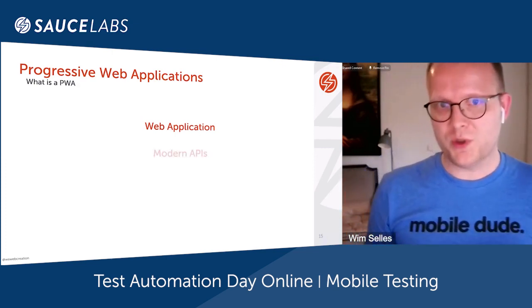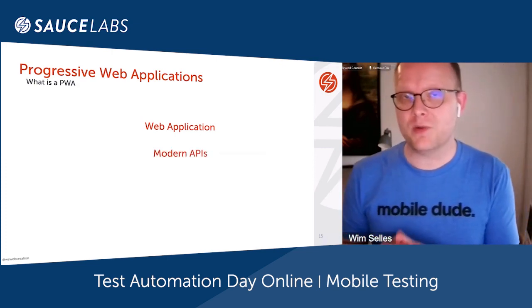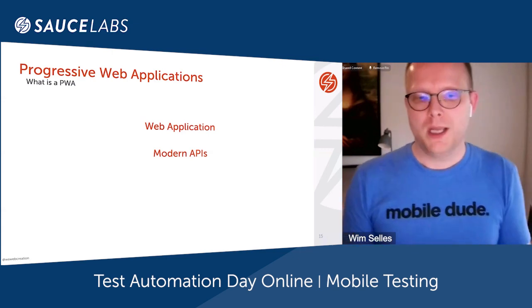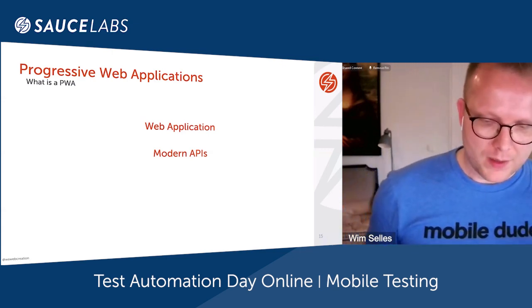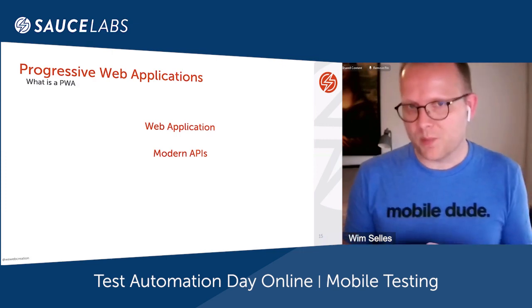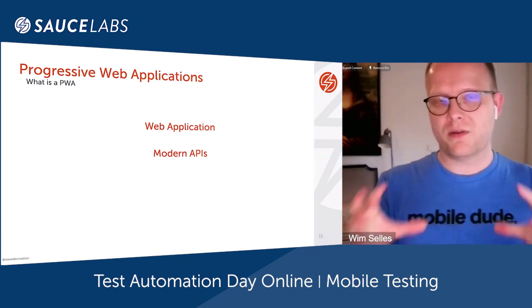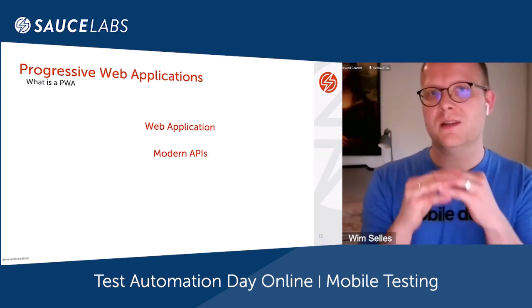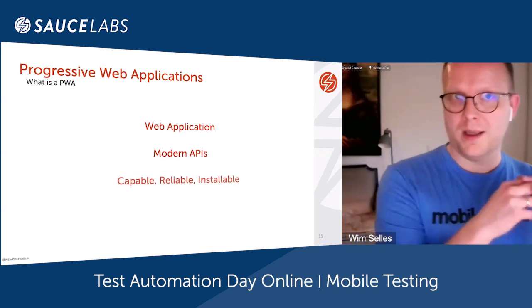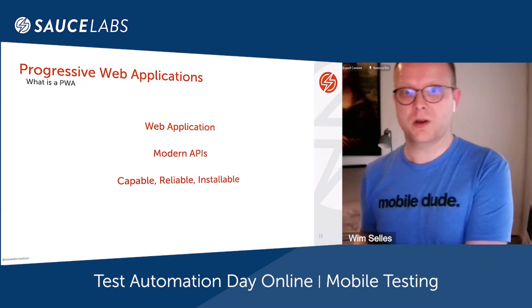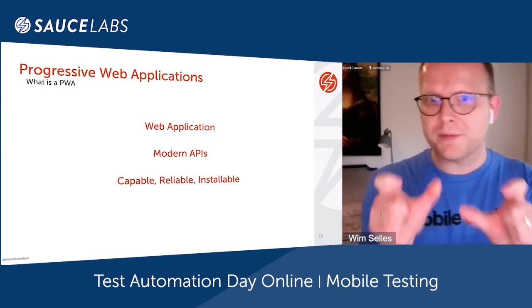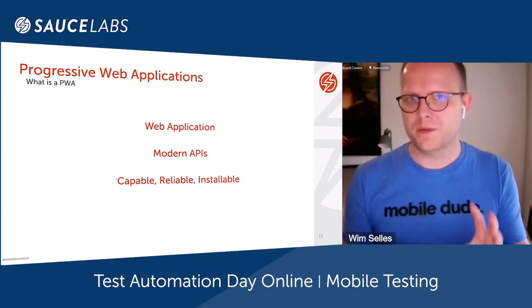They use specific modern APIs to interact with your phone. And they've got a few things that are really important. If you dive into progressive web applications, you would see that there are at least 3 important pillars that they use, which are capable, reliable, and installable. I will dive into those points in a few seconds.